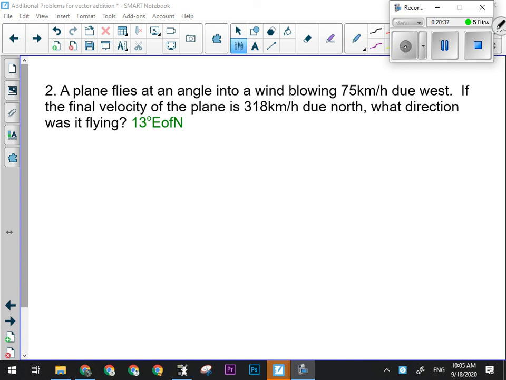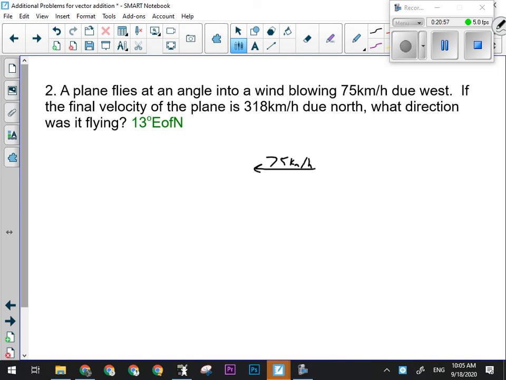Okay, let's look at our drawing here first. I have a wind that is blowing 75 kilometers per hour due west. So there's my wind vector. It says the final velocity of the plane is 318 kilometers per hour due north.